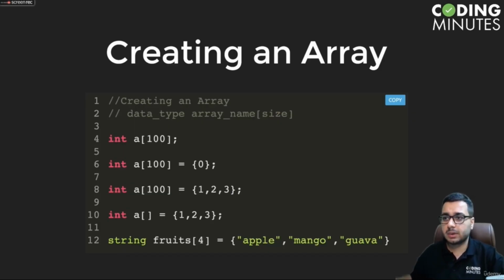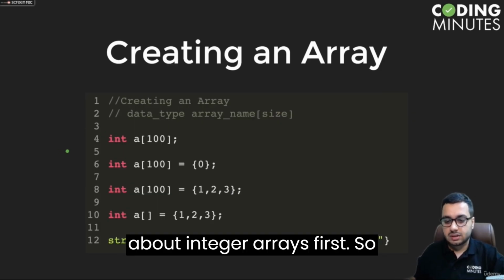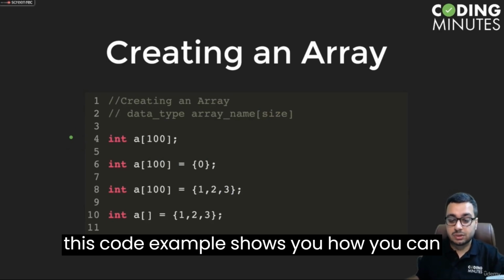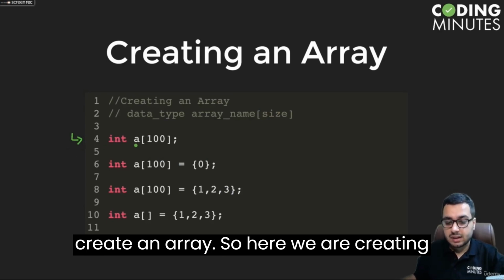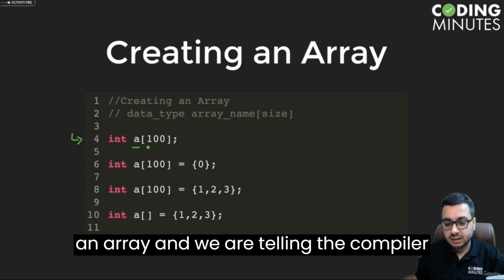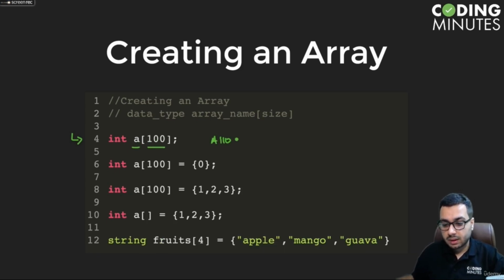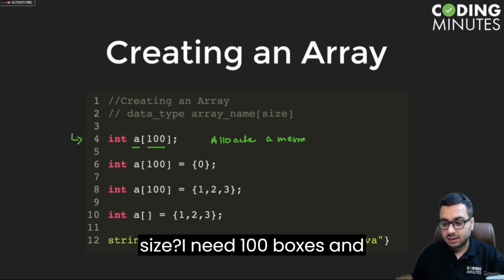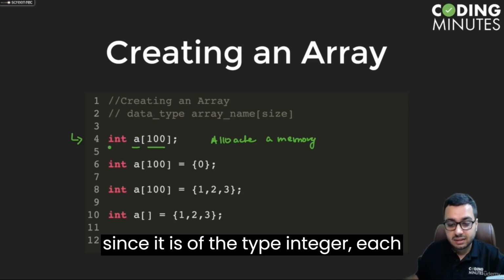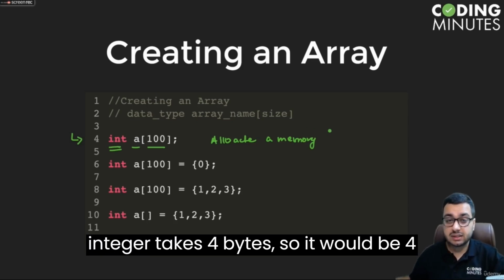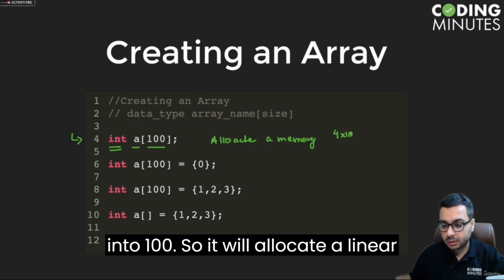So let us talk a little bit about integer arrays first. This code example shows you how you can create an array. Here we are telling the compiler to allocate memory of how much size? I need 100 boxes, and since it is of type integer, each integer takes 4 bytes, so it would be 4 into 100.